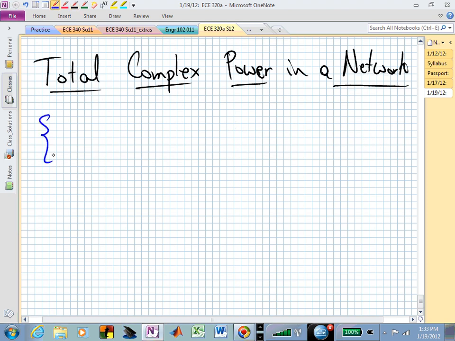What's interesting and nice about power is that when we're looking at the total complex power, we really don't need to worry about parallel or series combinations.